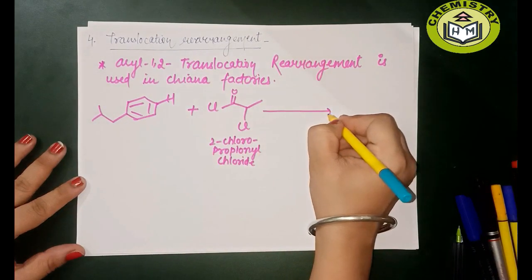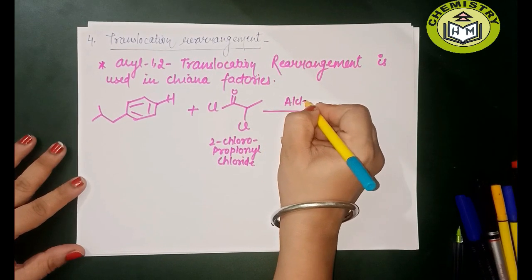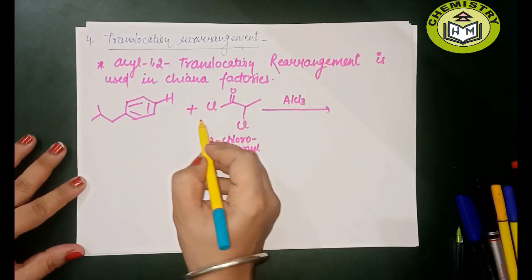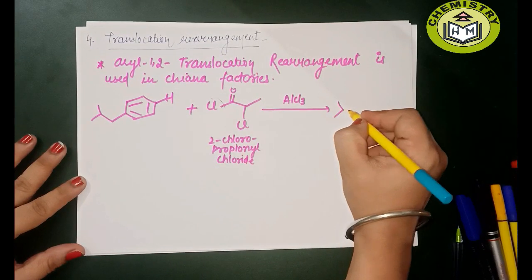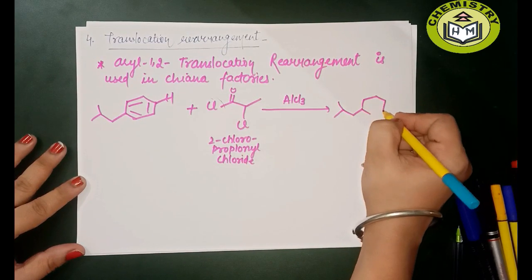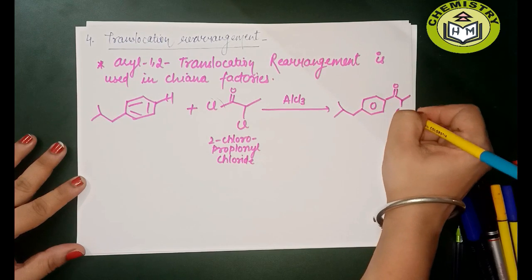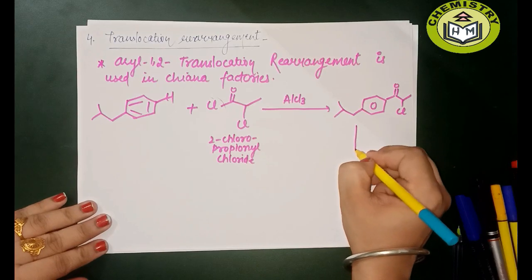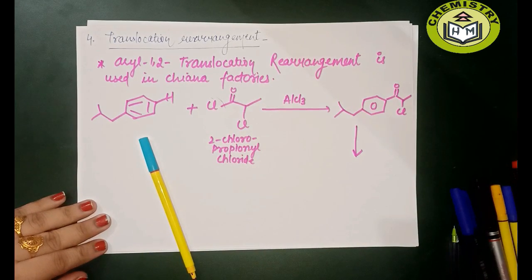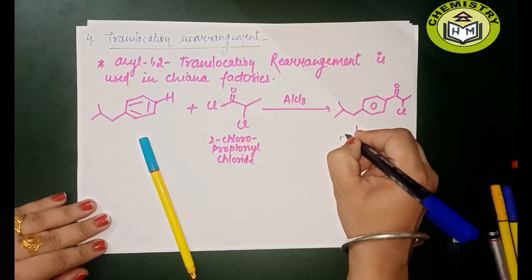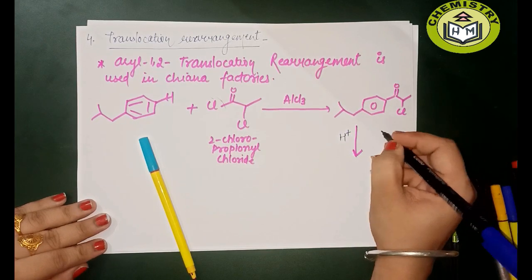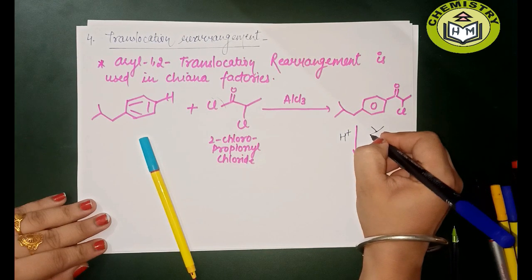In this we are taking AlCl3 and there is loss of HCl, and we are getting this product. Now, in the second step, we have to do the reaction in acidic condition, and we are taking this.